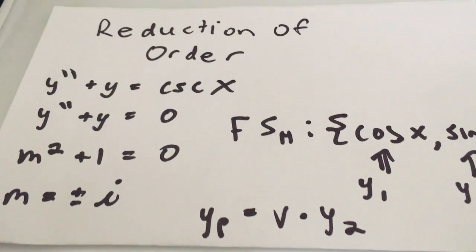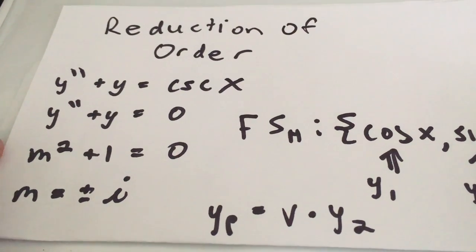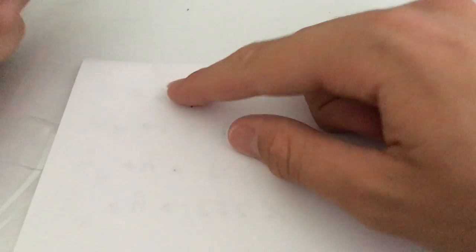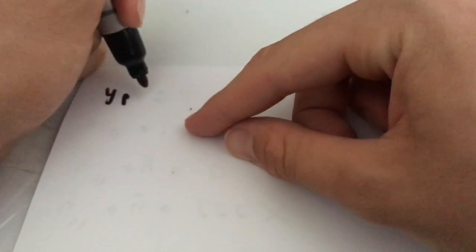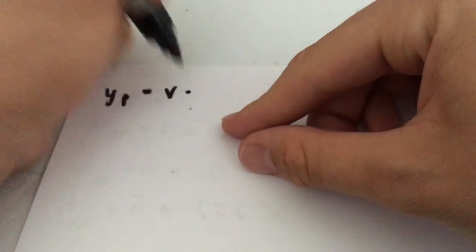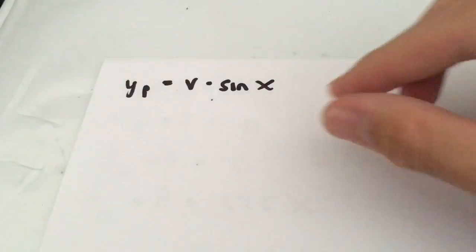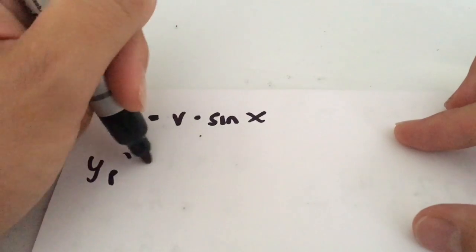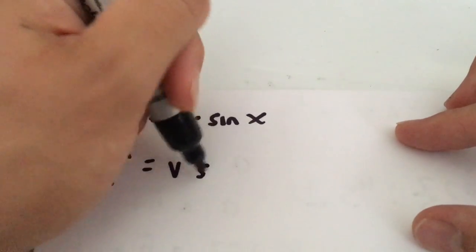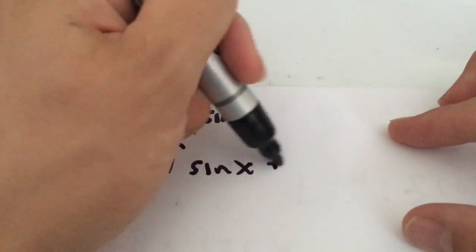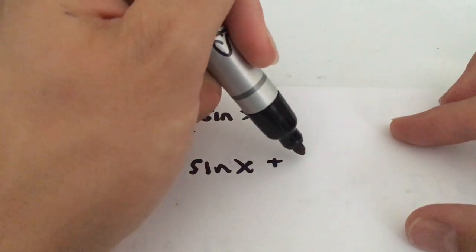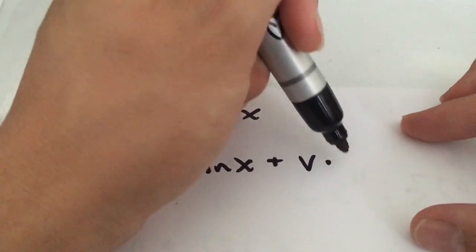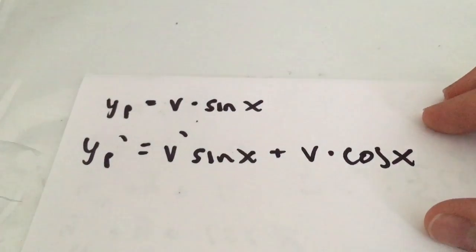So we are going to do it as follows by differentiating yp. So for yp equals v times sine of x, we can say yp prime equals v prime sine of x plus, using the product rule, v times cosine of x.